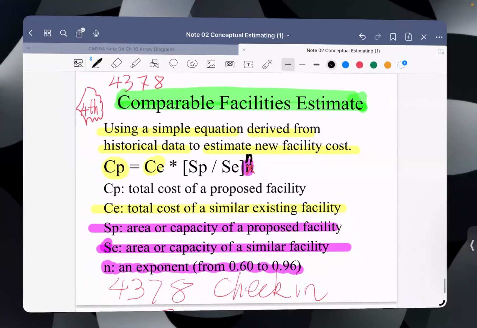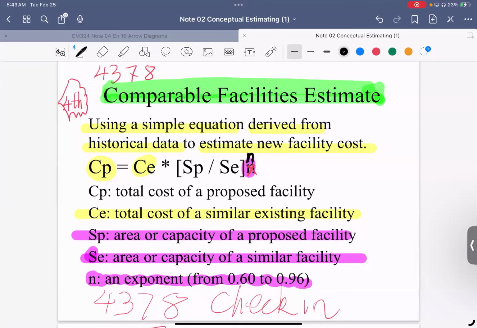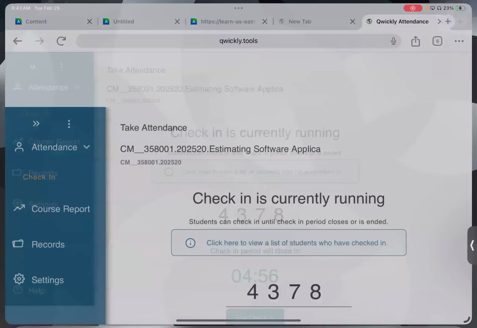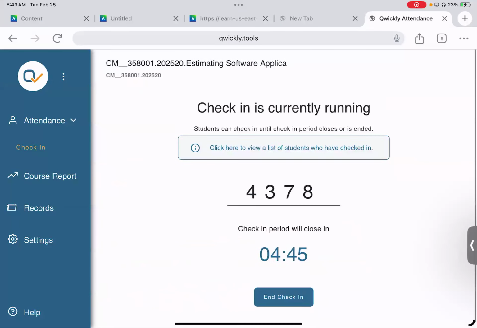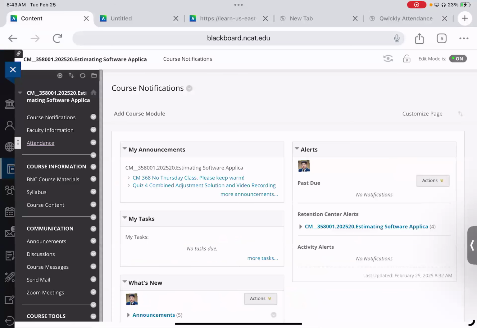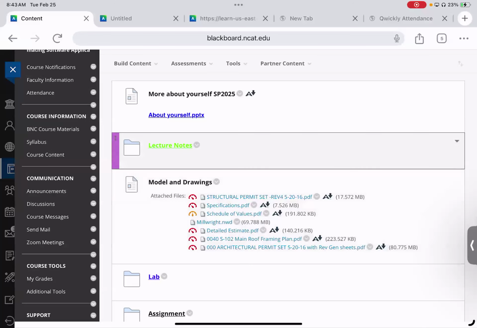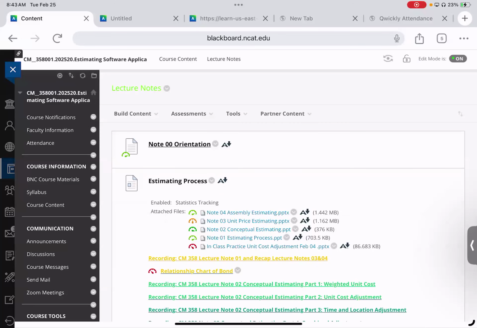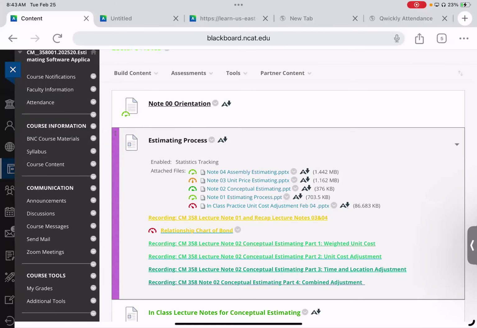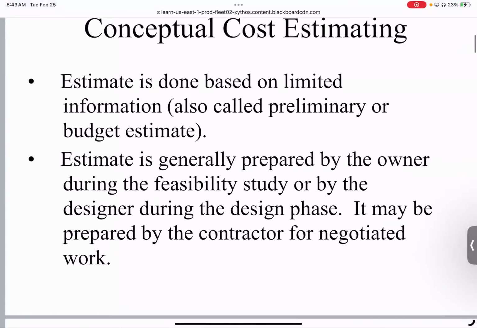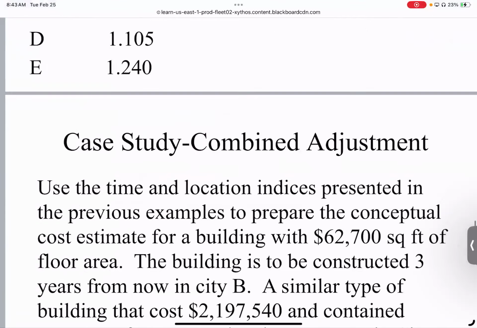We can go back to the lecture notes and see what it looks like. We go to the course content for CM350H, in our lecture notes. We're still in the estimating process module, in the second one for conceptual estimates, moving to the last page.